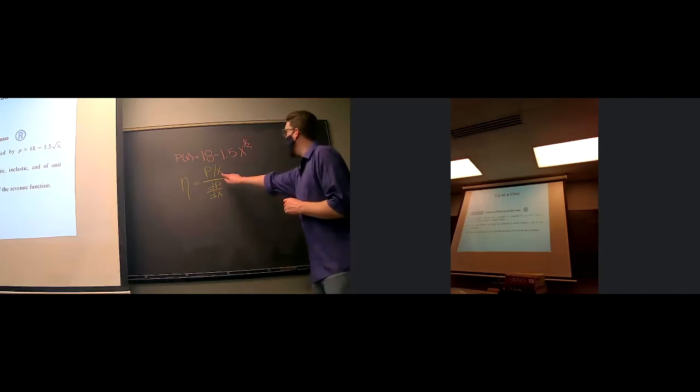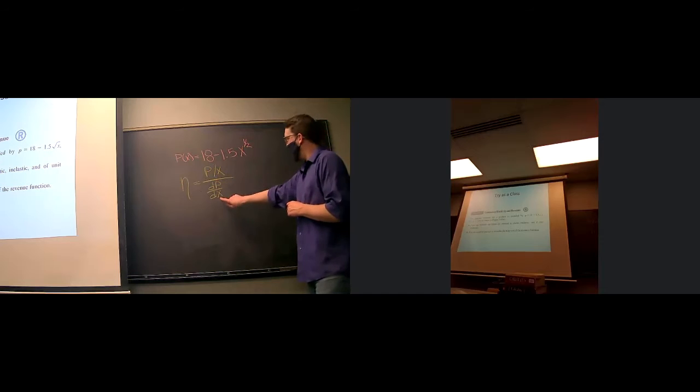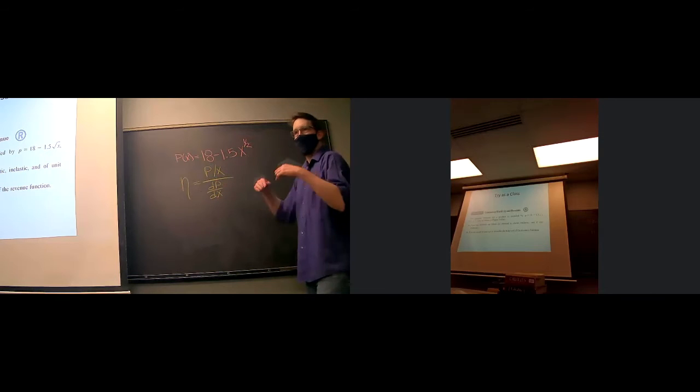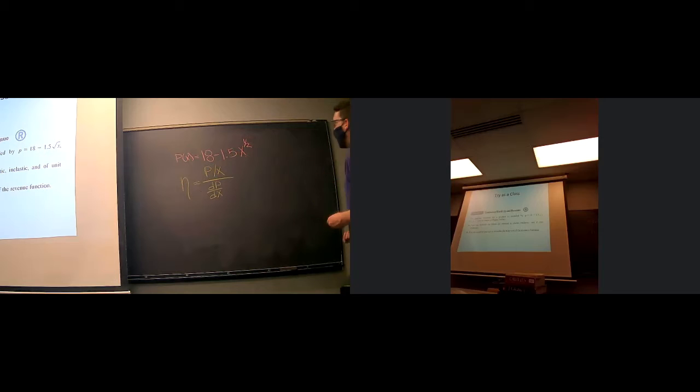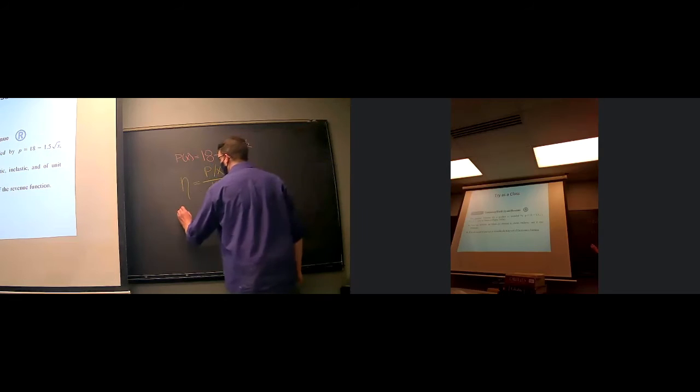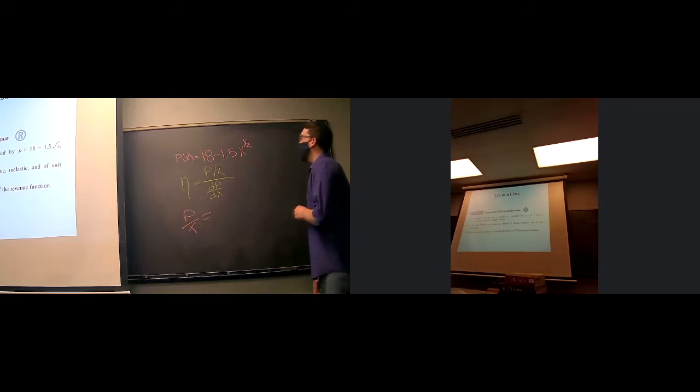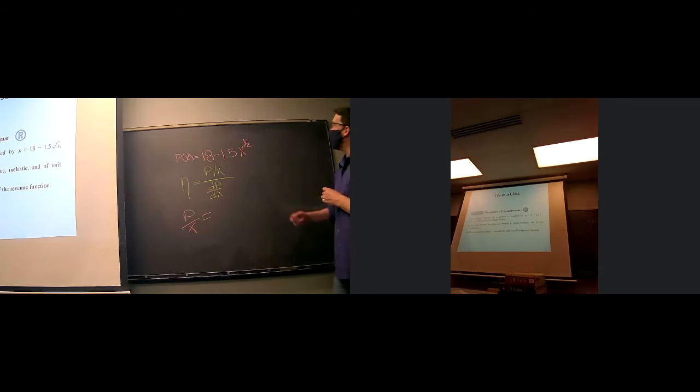I would go ahead and solve for this, and then solve for this, and then put them back together. So, P over x is going to give us 18 over x minus 1.5 divided by the square root of x. Yeah?